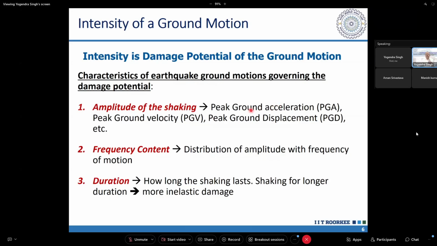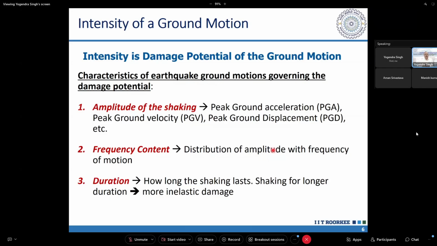But PGA alone is not enough to define the intensity of shaking. It will also depend on the frequency content. If the frequency content of that ground motion is in the range of our structure's frequency of vibration, then the damage is going to be much more.